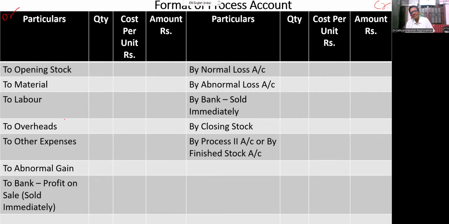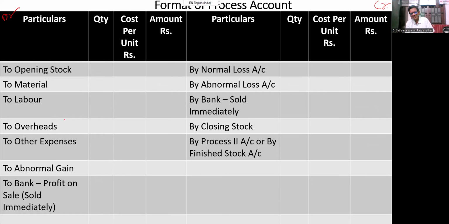Abnormal loss means, as the name itself suggests, that which is beyond the routine course of business. So which is beyond the normal course of business. So unexpected loss, such as if any earthquake comes, that is one example for an abnormal loss.